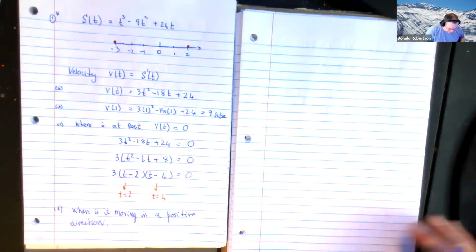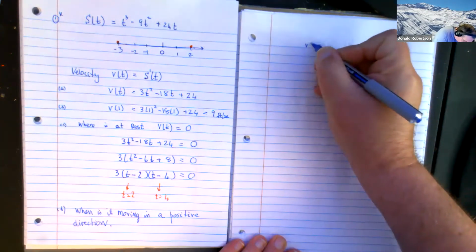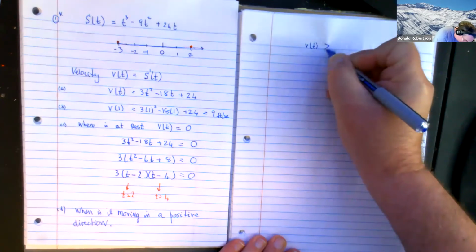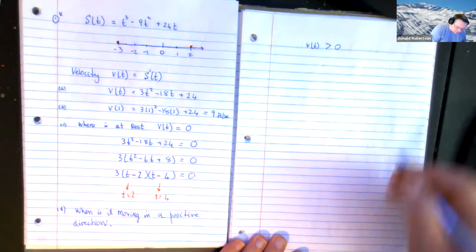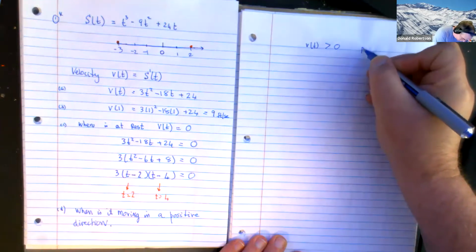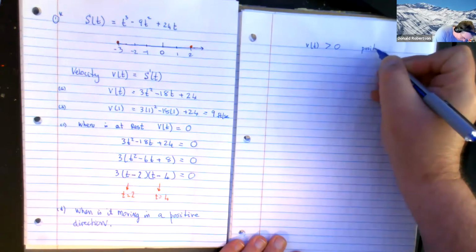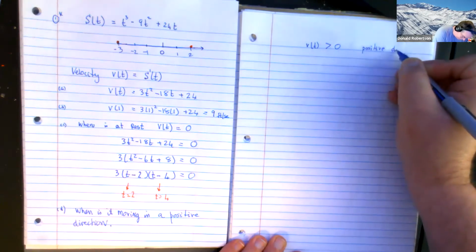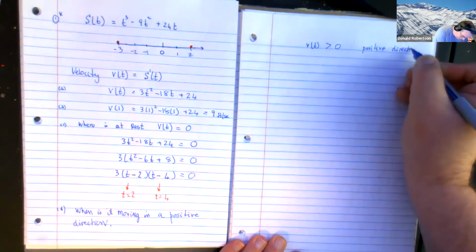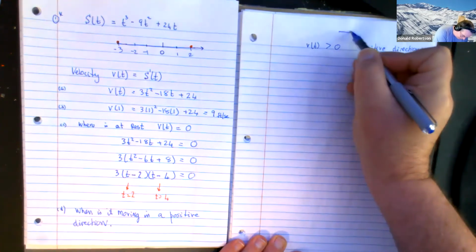And we're to give our answer in interval notation. Now, when the velocity is greater than 0, when it's positive, you are moving in a positive direction. So in my story, you're moving that way.